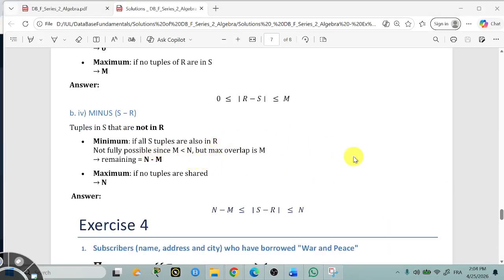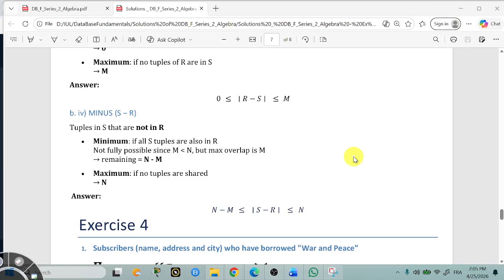S minus R means that we are looking for all tuples that exist in S but not in R. And remember, the number of tuples in R is M, and in S is N, but N is greater than M, right?